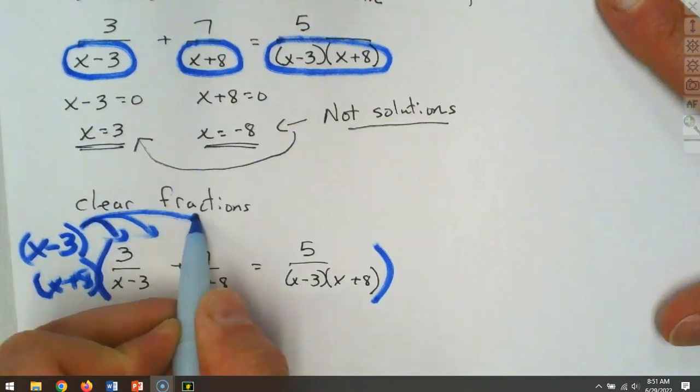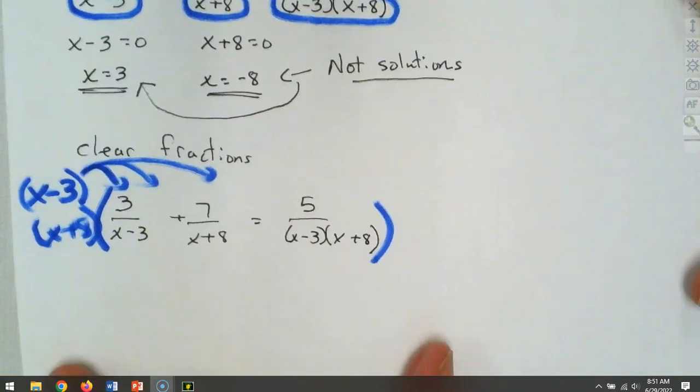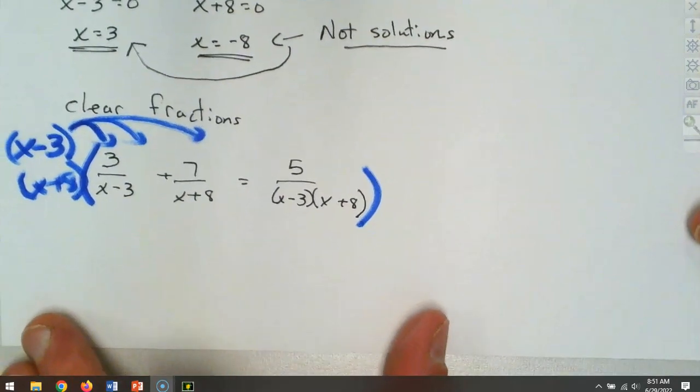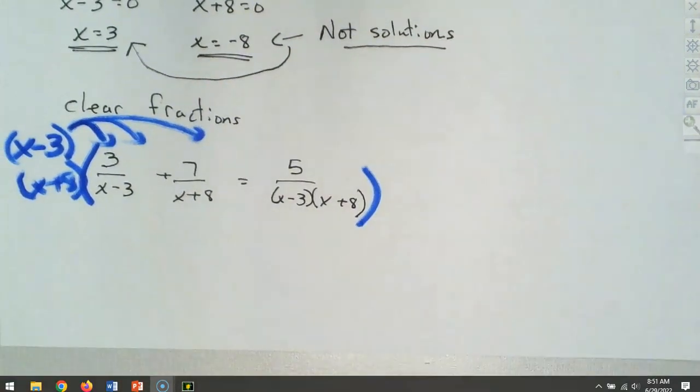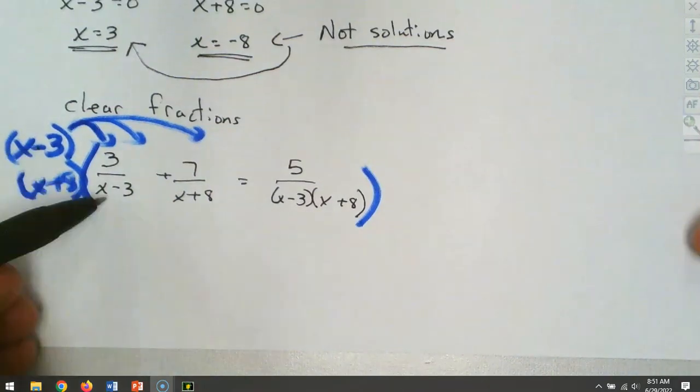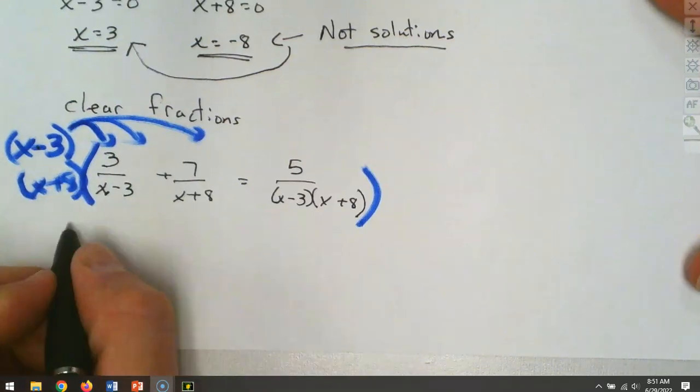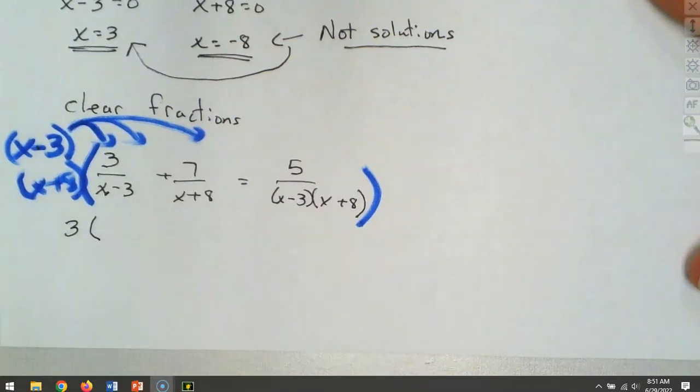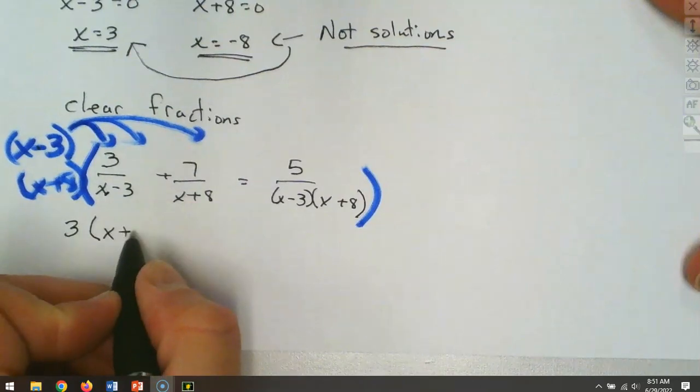Now we start distributing through. So when we distribute through, let's see what we've got. And we do each one individually. So the x minus 3 and the x minus 3 will cancel with this one below. And so then our first one, we're left with that 3 on the top times an x plus 8.